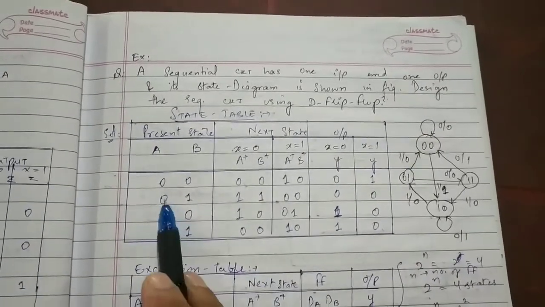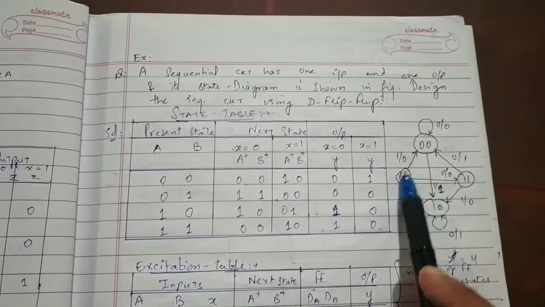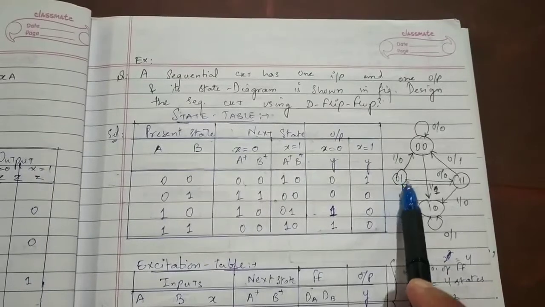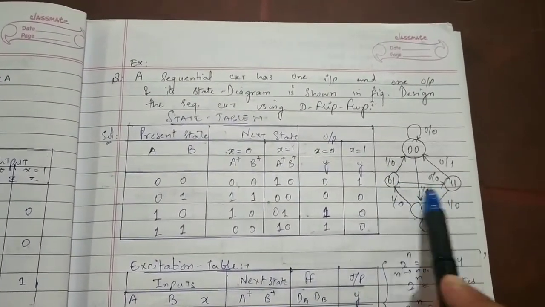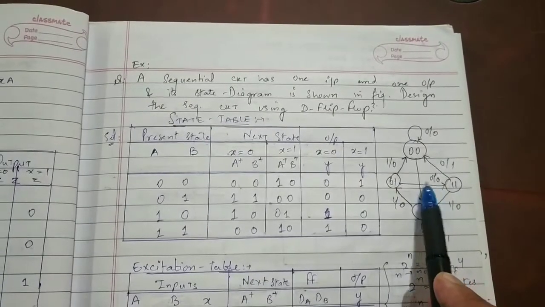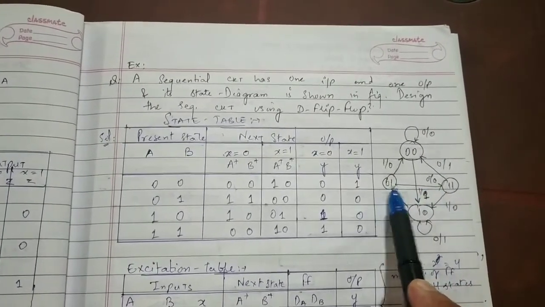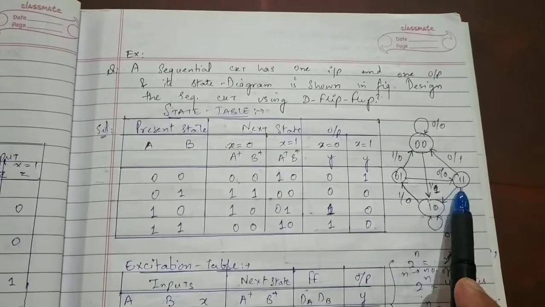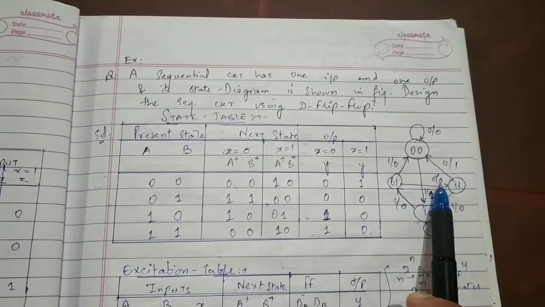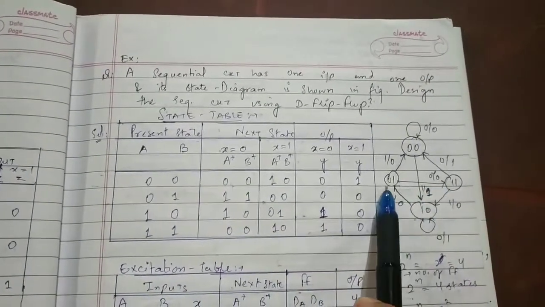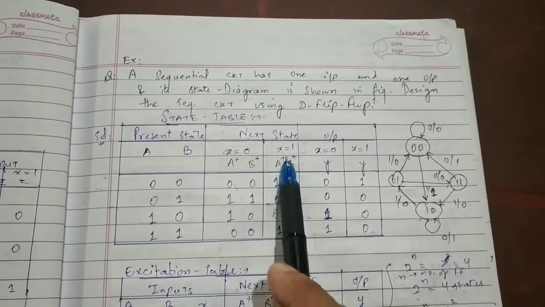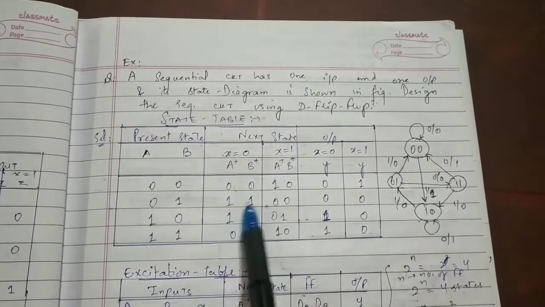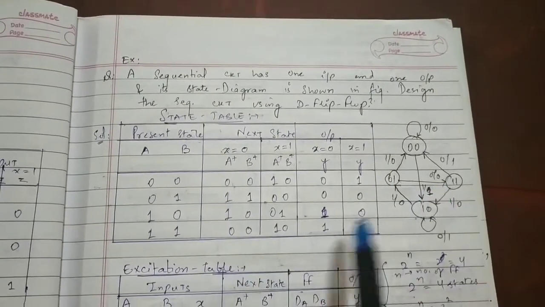For the 01 combination, one arrow goes here and the next arrow goes here. This arrow is for input 0, so for 01 the next state is 11 when input x is equal to 0, and output is equal to 0.